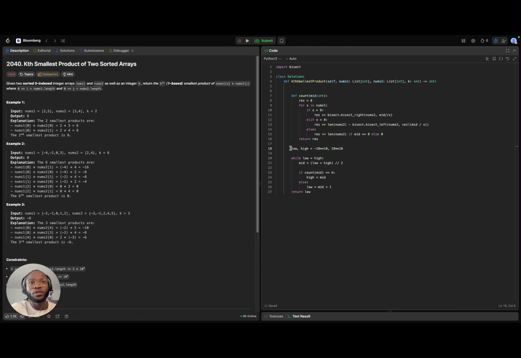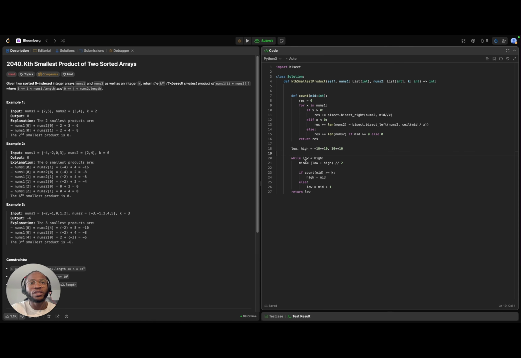As we established earlier, the maximum product value range of our numbers is basically negative 10 raised to power 10 and positive 10 raised to power 10, and that's why we set it to low and high. And then we perform binary search, and binary search would involve iterating until low is greater than or equal to high.